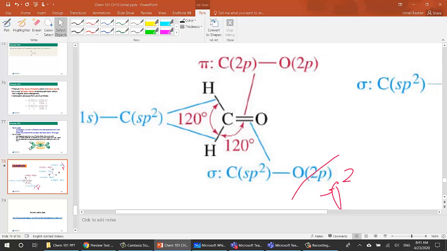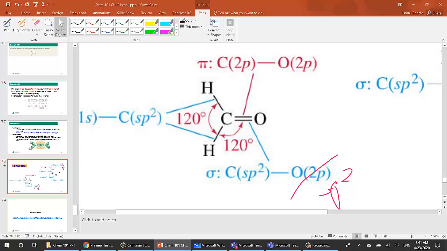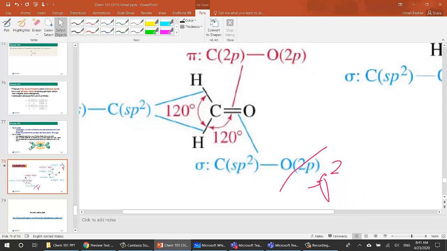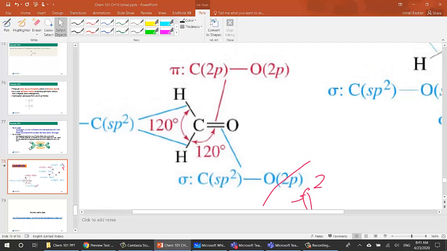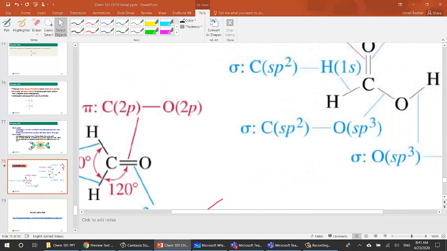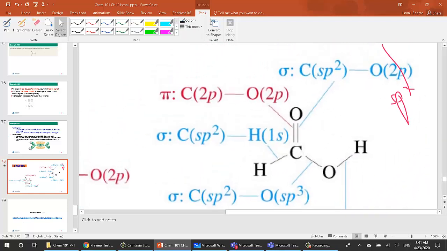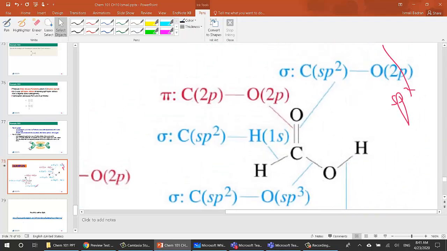But this one now, the sigma bond between the carbon and oxygen is between carbon sp2 and oxygen sp2, not 2p, and that's a mistake here. The sigma bond is between carbon sp2 and oxygen sp2, and the pi bond, of course, is between 2p and 2p. And the same mistake here as well for this other molecule.